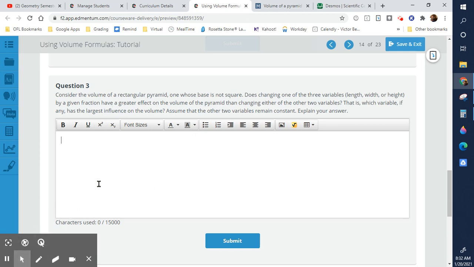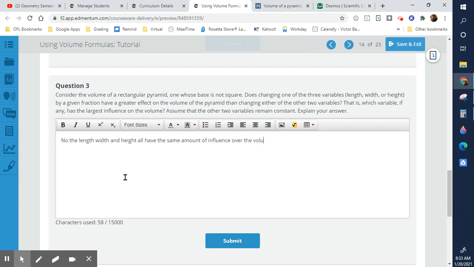So it's like, no, the length, width, and height all have the same amount of influence over the volume. And that's because we're not squaring anything, we're not doing anything special to anything. So they all have the same amount of influence.